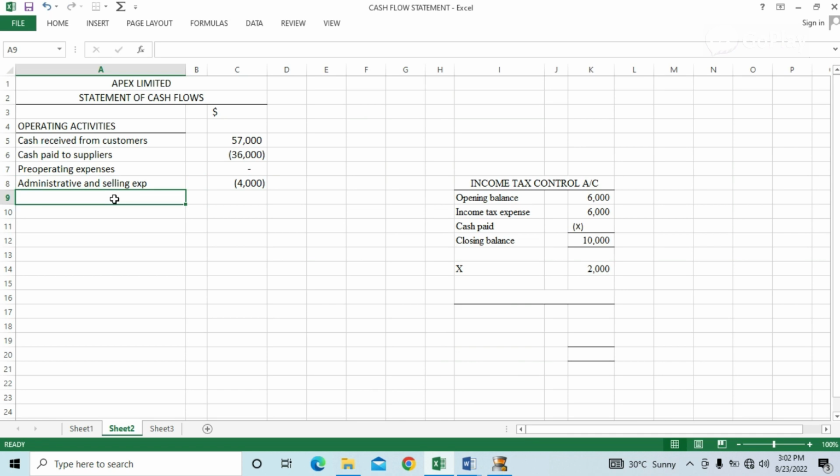So we have interest expense. That one too, the amount was 4,000. As usual, we subtract the 4,000 as well. Yes, so let's add to get the total.